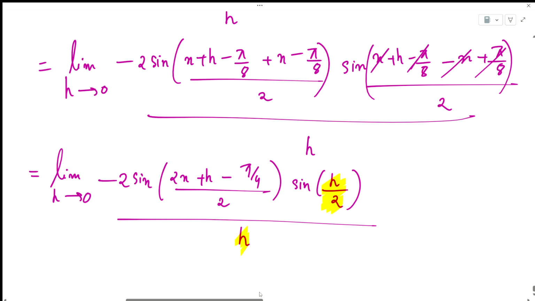So I'm just going to divide and multiply by 2, so this part becomes 1. Cancel the 2s out here.